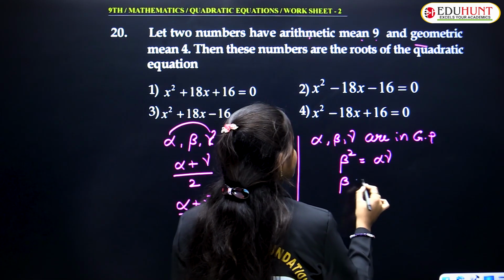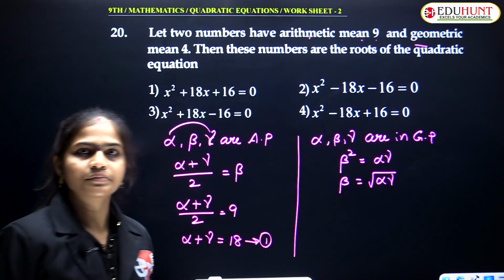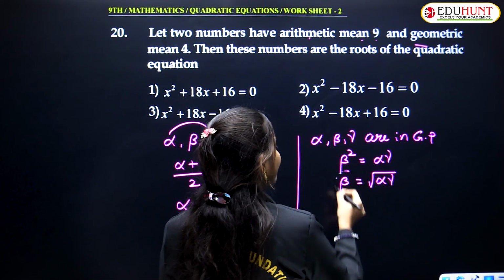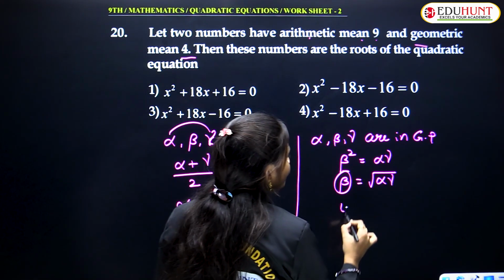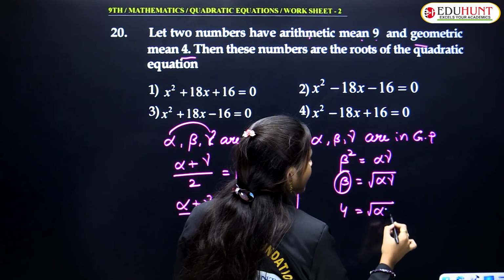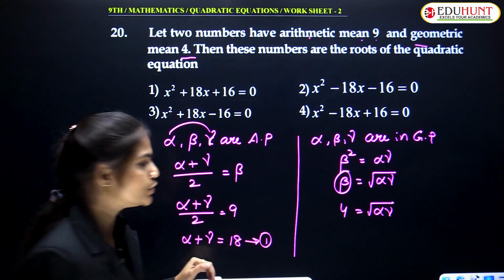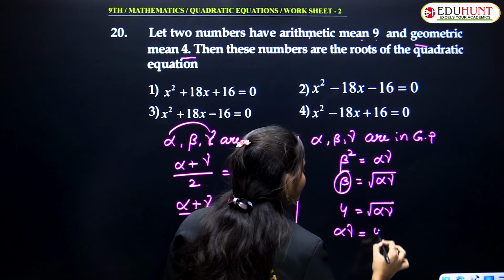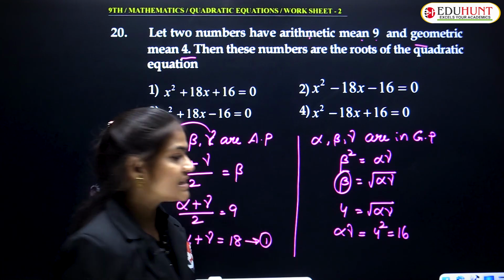So beta is equal to square root of alpha gamma. Clear? Here they gave beta as 4. So 4 is equal to square root of alpha gamma as per the given conditions. Am I clear to you? So according to this, alpha gamma is equal to 4 square, which is equal to 16.